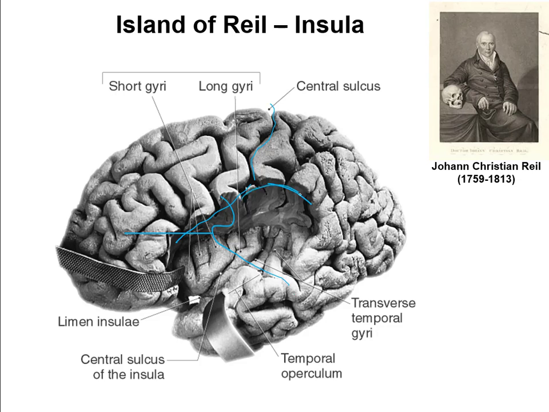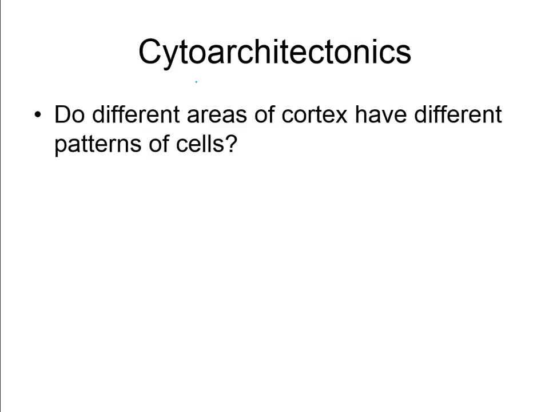And the cortex that's down there is what's known as the insula. It's also known as the islands of Reil. This is Reil. And that's part of that contiguous sheet. And as we look at cross-sections, we'll be able to see it. And it turns out to be very important for autonomic system regulation as well as sensory integration.